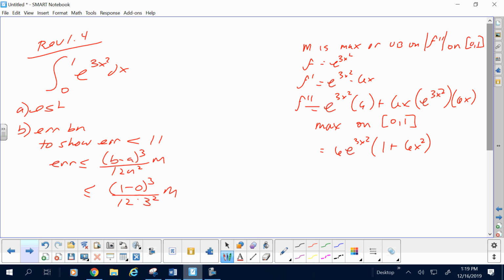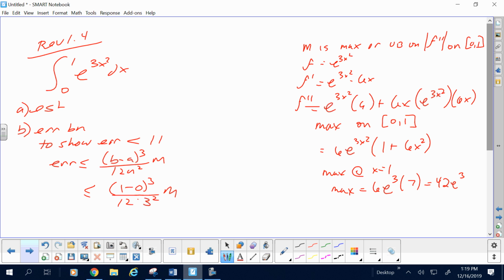As x passes from 0 to 1, would this get bigger or smaller? It's bigger and bigger, all right? So the max is at x equal 1. The max is 6e cubed times 7, or 42e cubed, yeah?